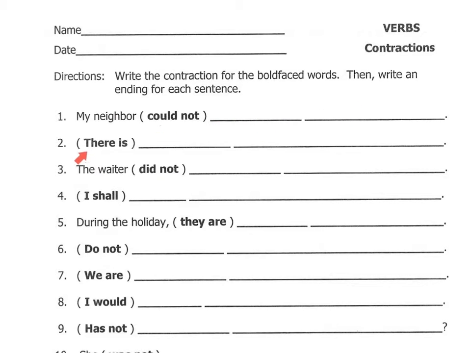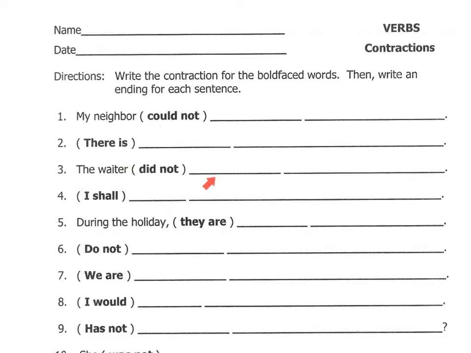Number 2. There's mustard in the refrigerator. Refrigerator. Chunk that word. Number 3. The waiter didn't bring extra napkins.